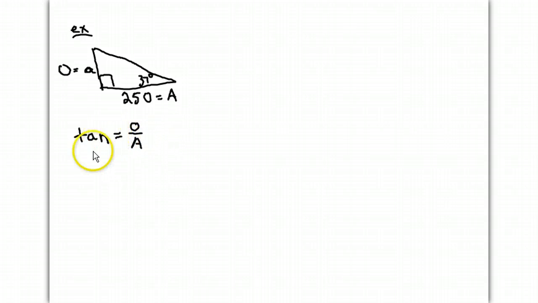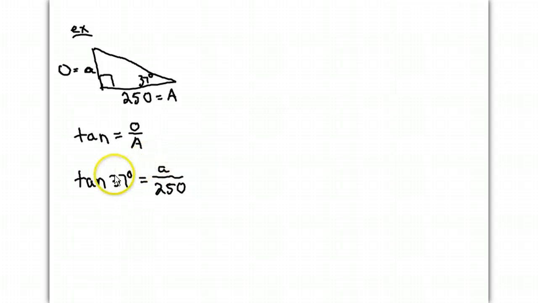So we need this. So when we plug it in, we're going to have tangent of theta, and our theta is 37 degrees, equal to O, which is little a, over A, which is 250. So we're trying to solve for a. We got everything except a. So the way you solve for a is you multiply both sides by 250.